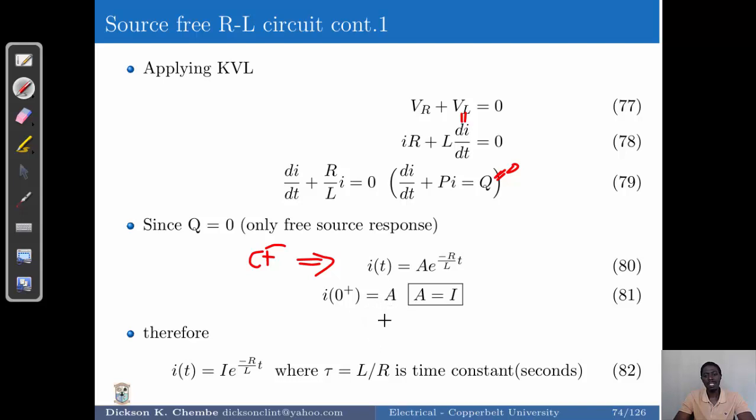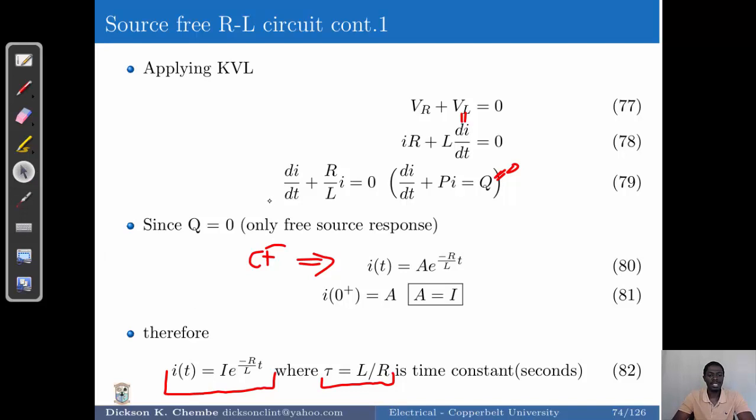We can now find A, since we know that at time t equal to 0 plus, the current was equal to I. So if the current is equal to I, A is going to be equal to I. The final solution is the current as a function of time, equal to I e to the minus R over L t, and the time constant is then equal to L over R, which is given in seconds.